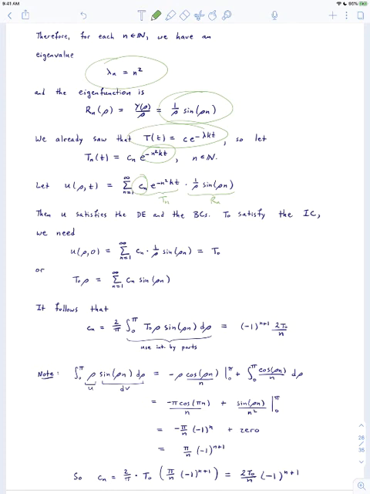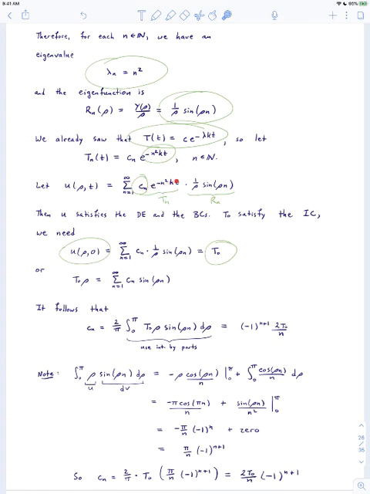u satisfies the differential equation and the boundary conditions, but we have to make sure that it satisfies the initial conditions as well. So we need that u at rho comma 0 is equal to T sub 0. That's our initial condition. So if you compute u at rho comma 0, this is u at rho comma t, so we're looking at t equals 0.